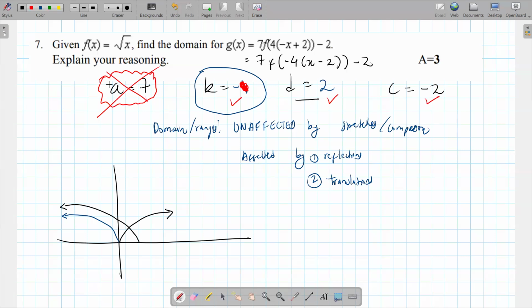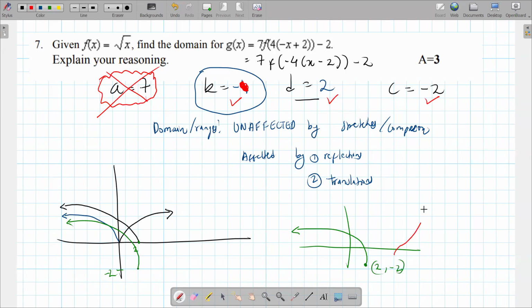And then we're going 2 units down. So the final curve will look like this. It's going to start at -2 down there, and it'll go like this. So this starting point is 2, -2.